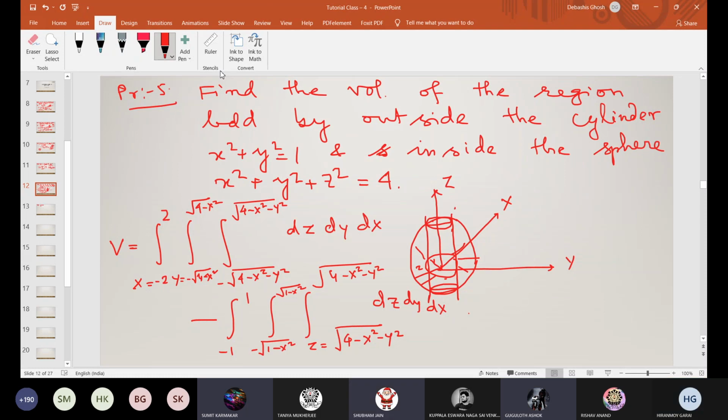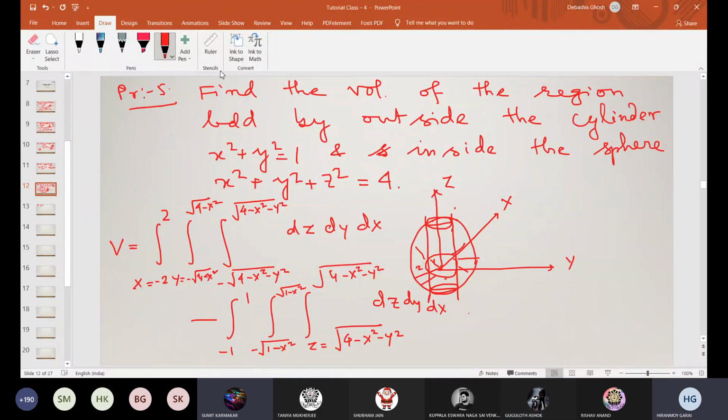Sir, for finding the limits for y, is it mentioned in the question? For y, here in the sphere we substitute 0 in place of z, and we have calculated under root of 4 minus x square.